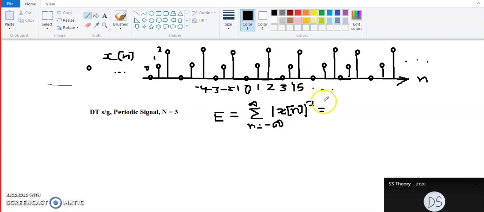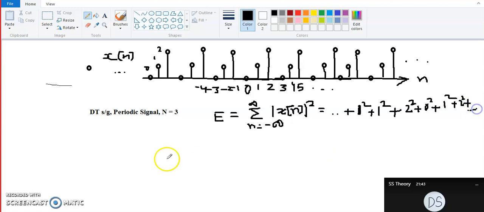When you add these things, it means you have to add 0 square, then 1 square, then 2 square, then again 0 square, 1 square, 2 square, and so on. So it will be an infinite summation of 0 square, 1 square, 2 square, 0 square, 1 square, 2 square.